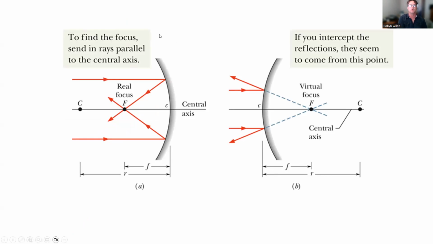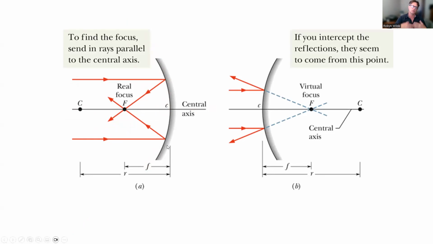If you want to find the focus or the focal point of a mirror, you look at a ray that is coming in parallel to the central axis of the mirror. And any parallel ray will reflect off the mirror and go through the focal point for a concave mirror, right? So a concave mirror bends the light toward the focal point.